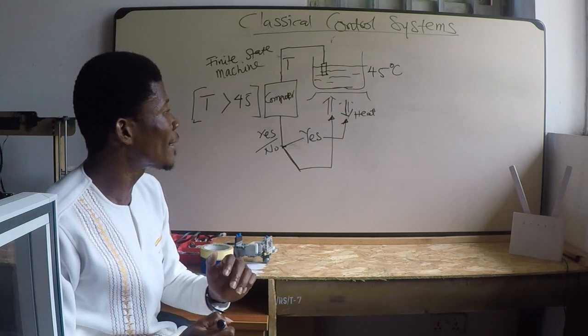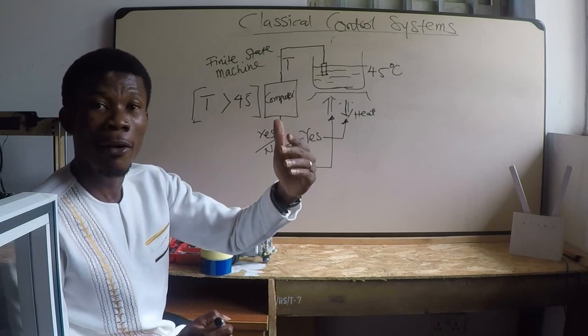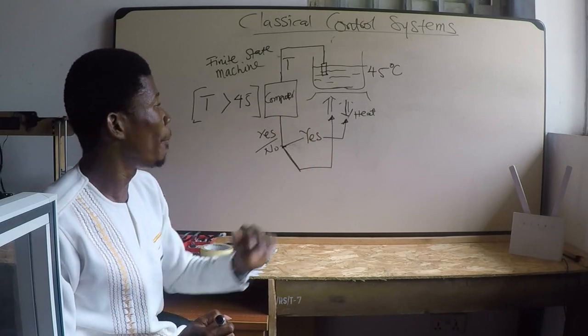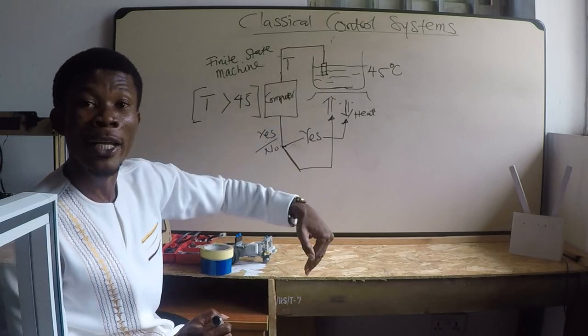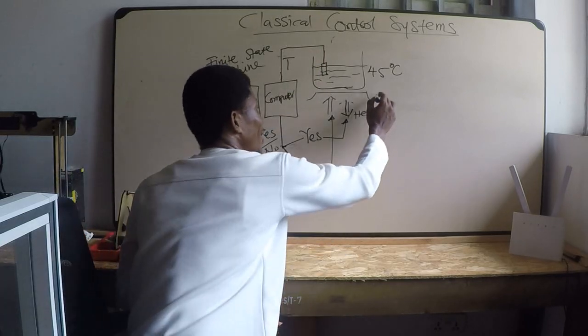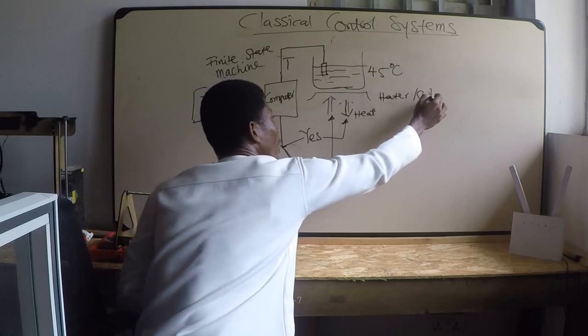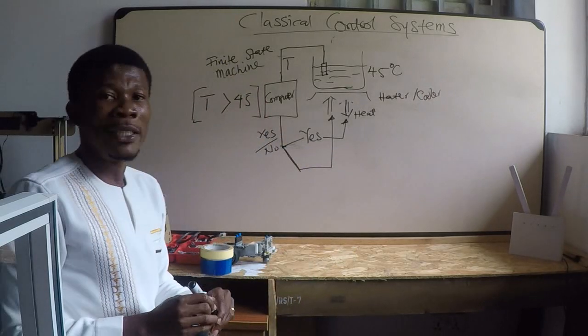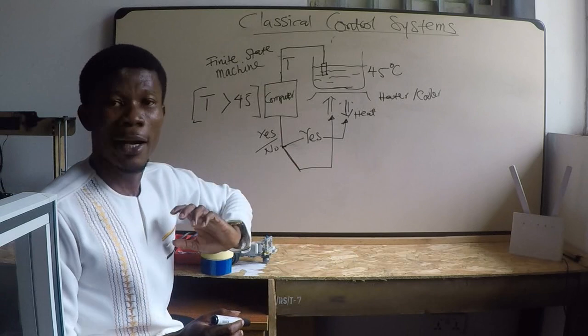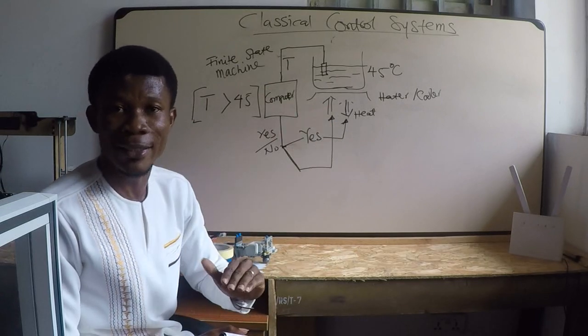And if the temperature goes above 45, the burner goes into the cooling state. So this is a heater or a cooler, which means our two states here are the heating state and the cooling state.